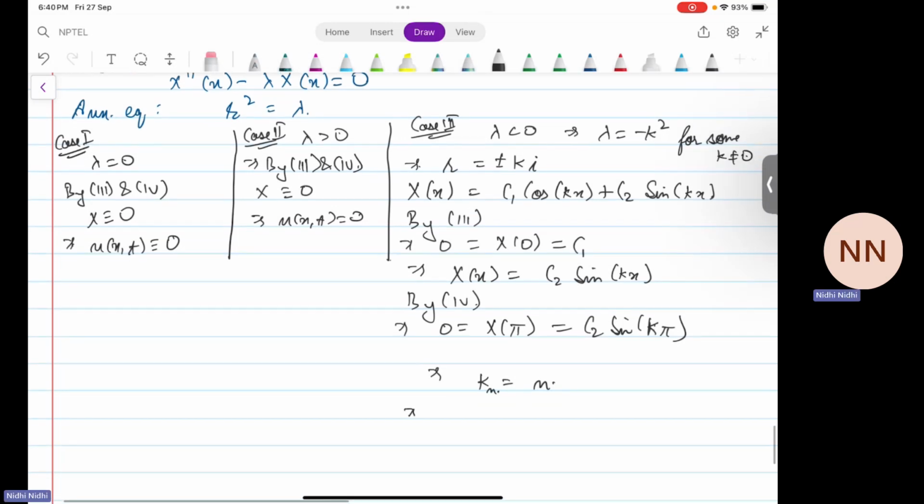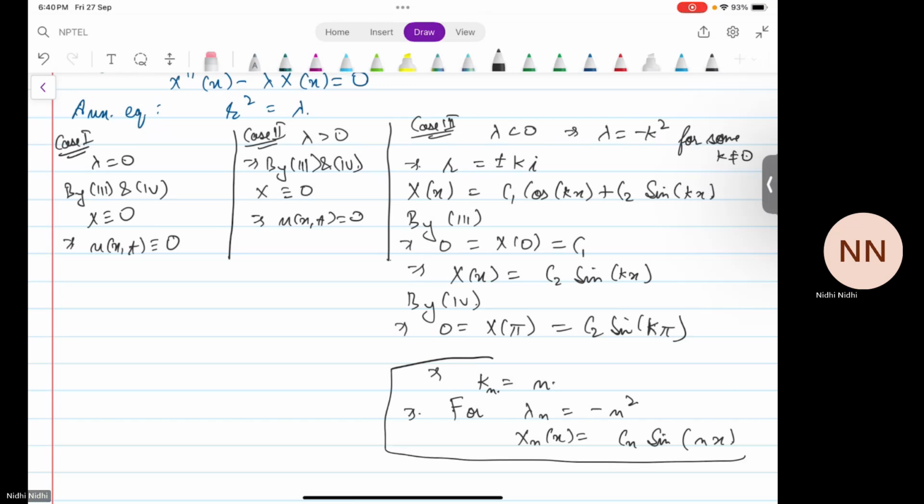That means for lambda n equals to minus n square, we have X_n(x) is equal to some C_n times sin nx. These lambda n's are called eigenvalues and corresponding X_n are called eigenfunctions.